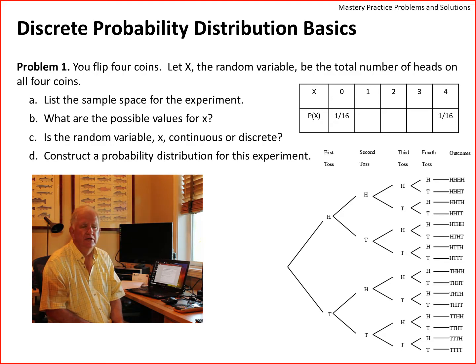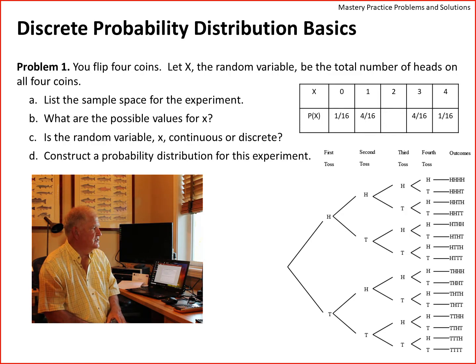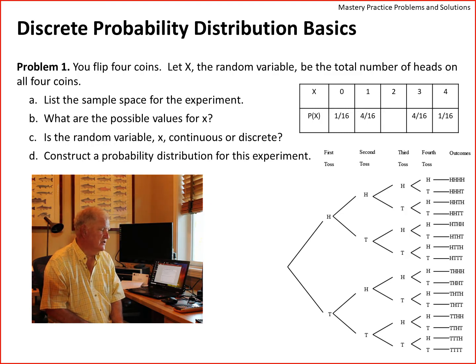And so that's what I'm going to do to finish filling this table out. I'm going to count the number of different ways that one head comes up. It comes up head, tail, tail, tail; tail, head, tail, tail; tail, tail, head, tail; and tail, tail, tail, head. Those are the 4 ways that one head comes up. And I'm going to write the probabilities then: 1/16 for 0 and 4, 4/16 for 1, and as it's going to turn out, if you count up the number of ways to get 3 heads, you're going to find that's 4/16 as well.